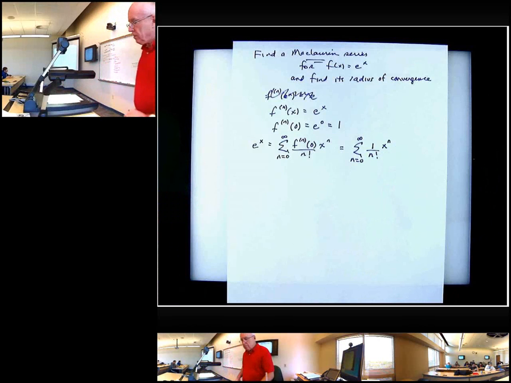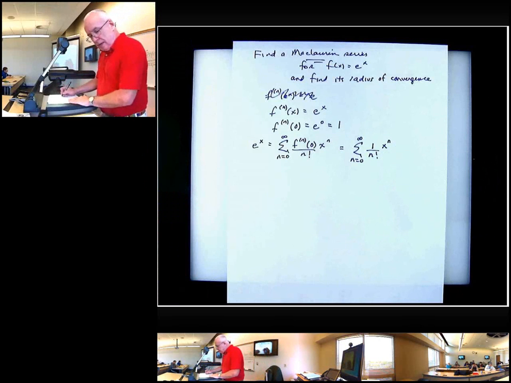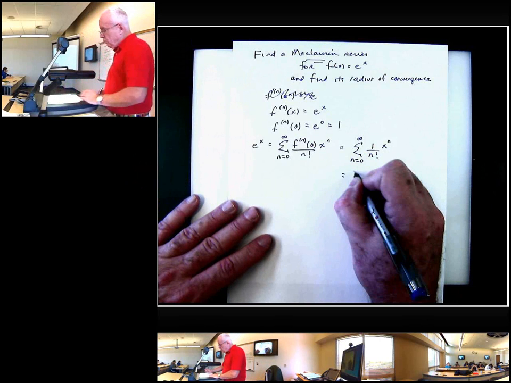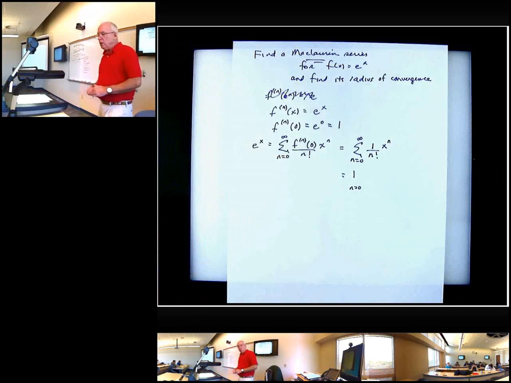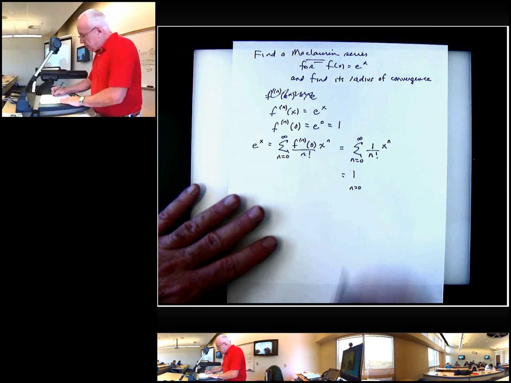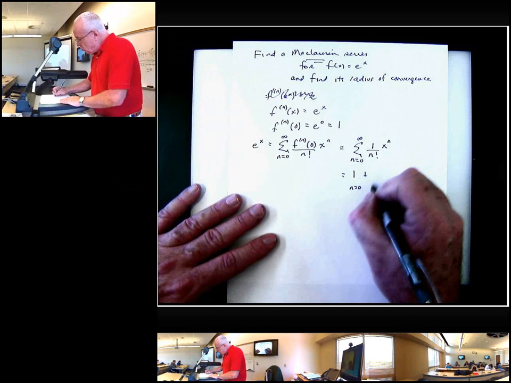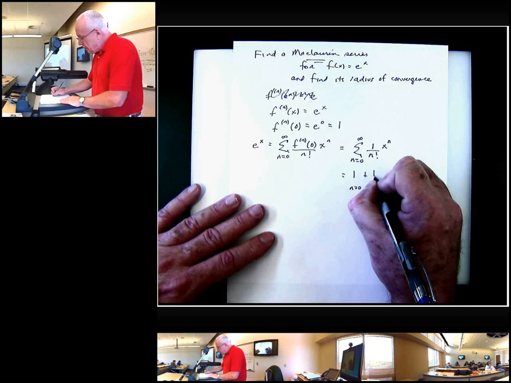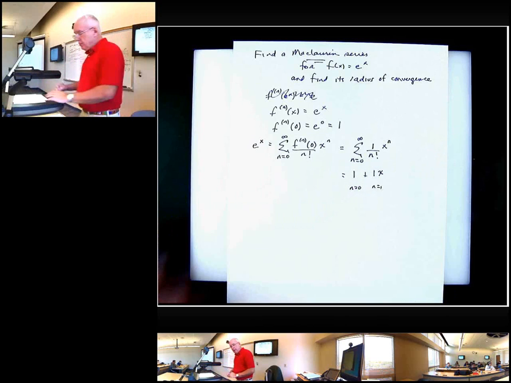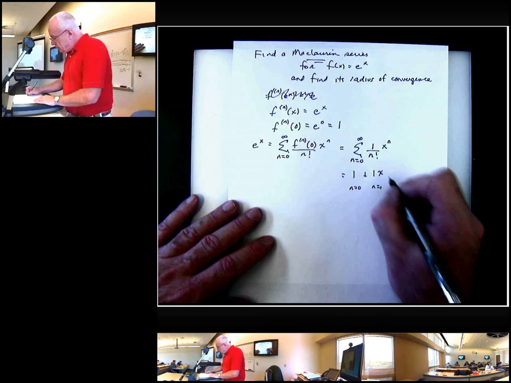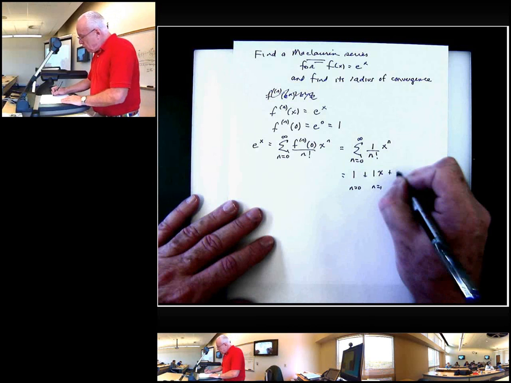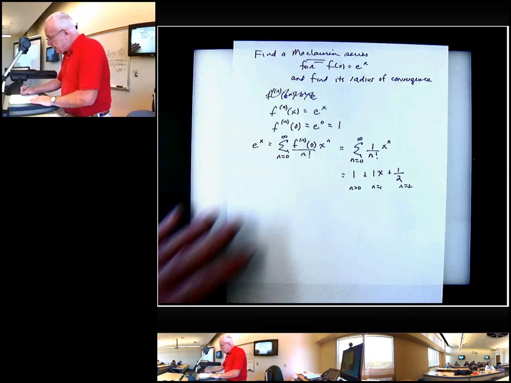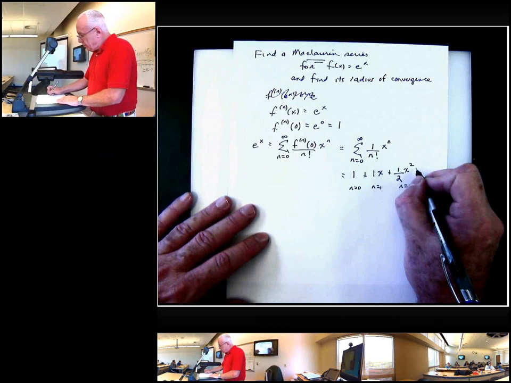Okay? So this would be something like, when n is equal to 0, this will be 1 over 0 factorial, and then plus, when n is equal to 1, it'll be 1 over 1, so it'll again be 1 times x to the first power, and then when n is equal to 2, it'll be 1 over 2 factorial, which is just 2 times x squared, and let's do one more.